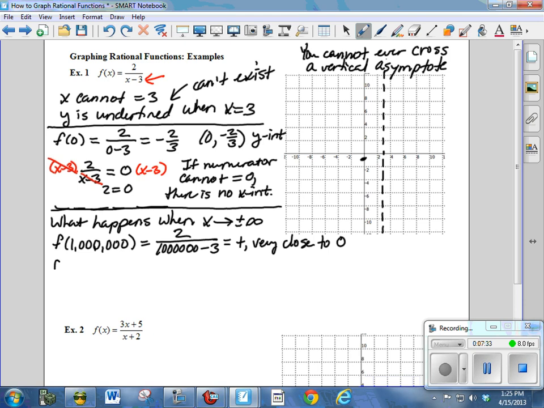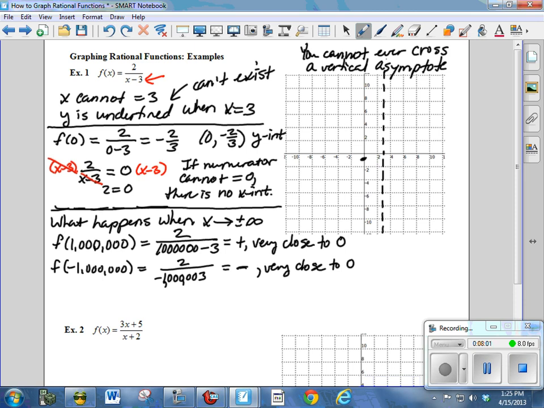What about if I put in negative 1,000,000? That would give me 2 over negative 1,000,003, which is a negative number very close to 0. Because when you divide any number by a really, really big number, you get a number that's very, very small.